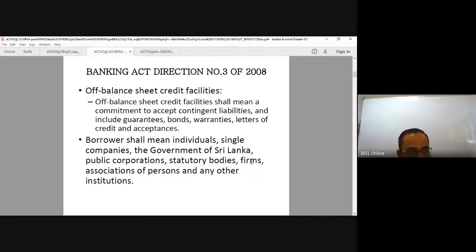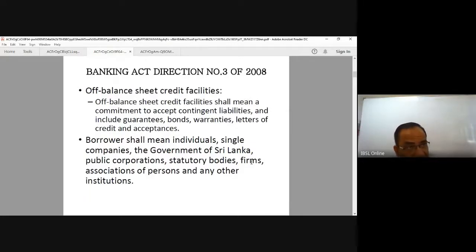Now, sometimes they ask for some letters, saying that I'm having an account with the bank, and I have a good relationship with the bank, and if this particular contract is given, the customer has enough facilities to meet the expenses, something like that.